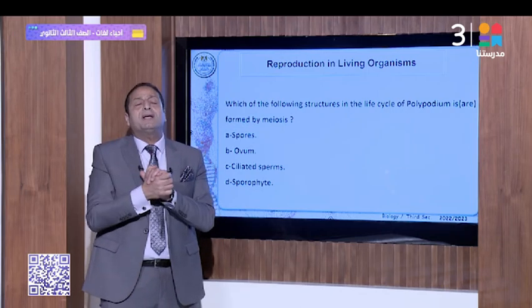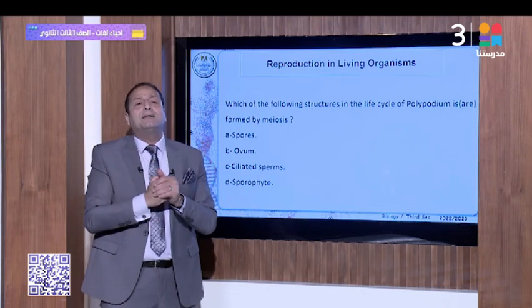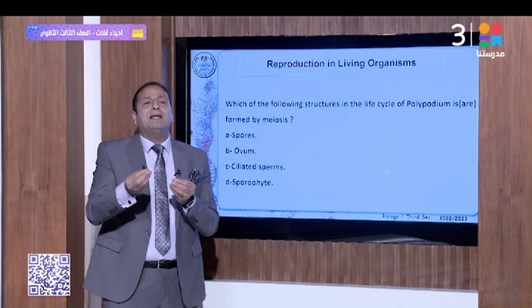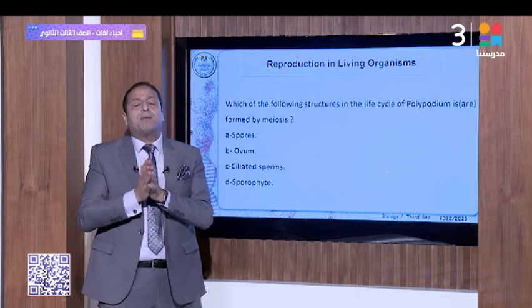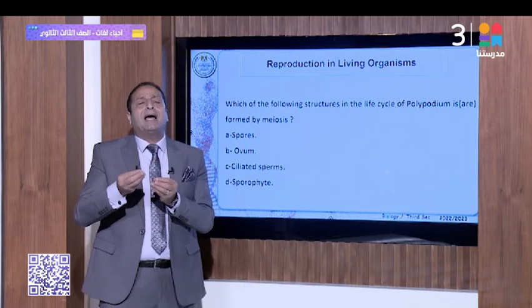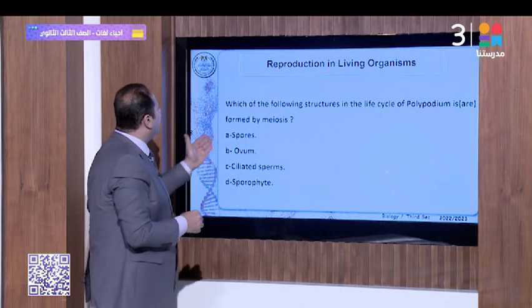The spore mother cell is divided by meiosis, forming the spores, and these spores fall on moist soil with humidity and divide mitotically, forming the gametophytes. So the best answer is spores.